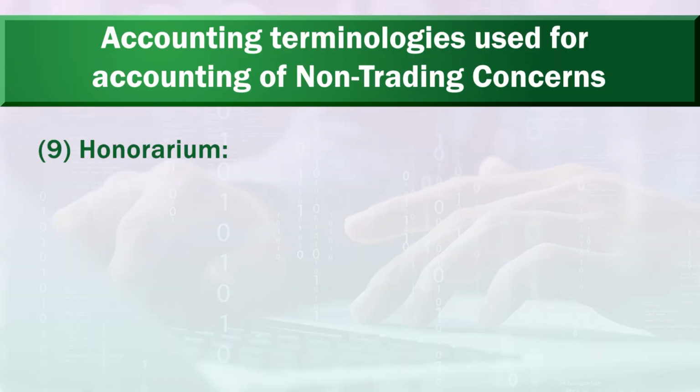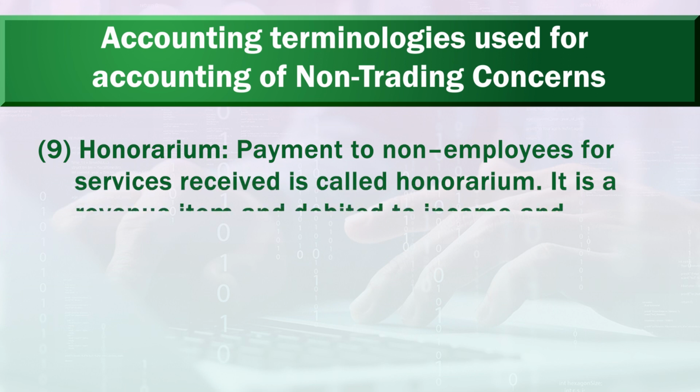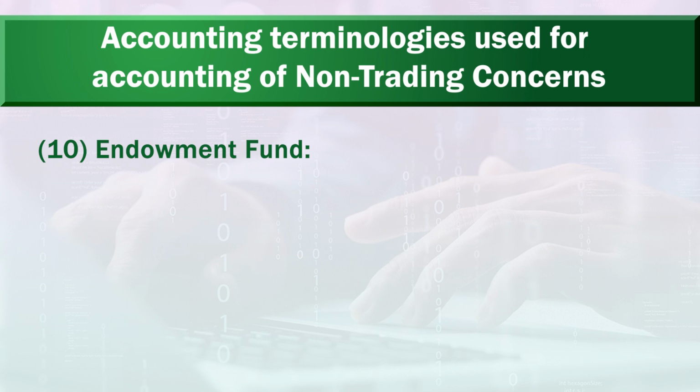9. Honorarium. Payment to non-employees for services received is called honorarium. It is a revenue item and debited to income and expenditure account. 10. Endowment fund. It refers to a fund from a gift.